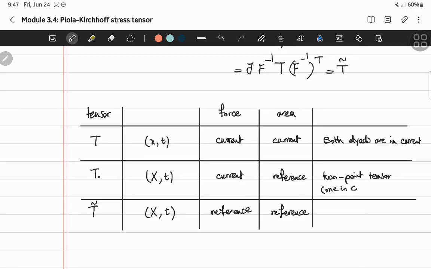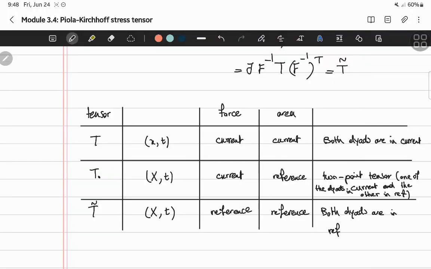One in current and the other in reference. And here everything was in reference, so both legs are in reference configuration.